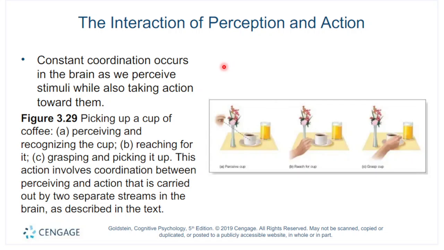So, what about the interaction of perception and action? So, with the constant coordination in the brain as we perceive the stimuli while also taking actions towards them. So, ganito kasi usually ang nangyayari sa atin when we perceive things and we also do an action. So, again, these things happen in a matter of milliseconds.